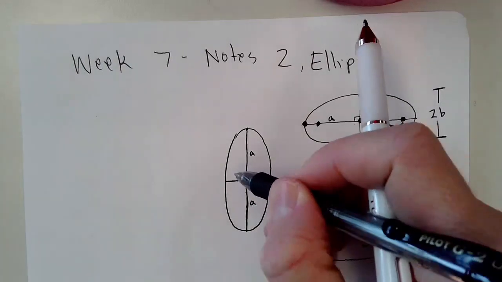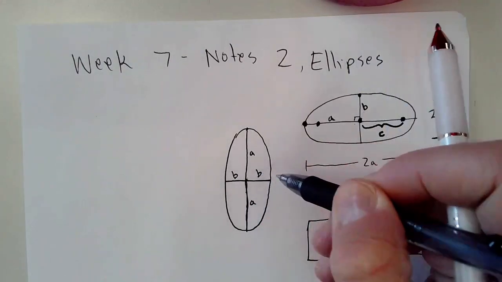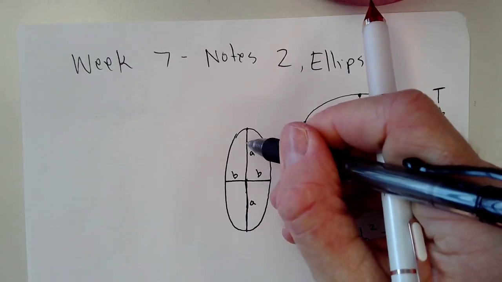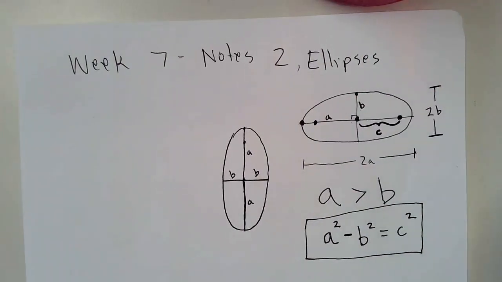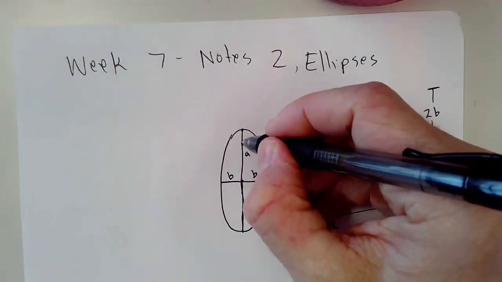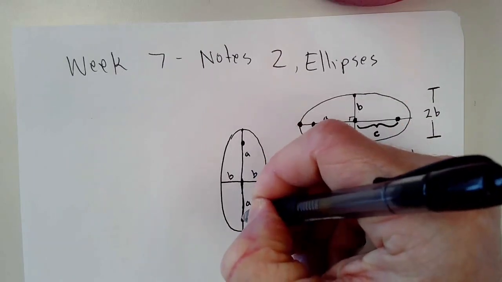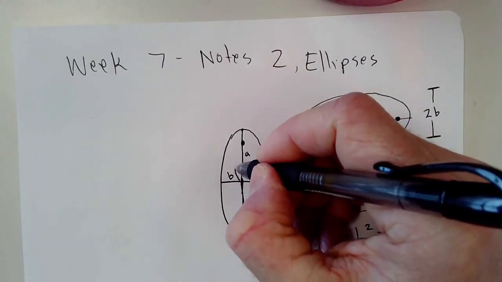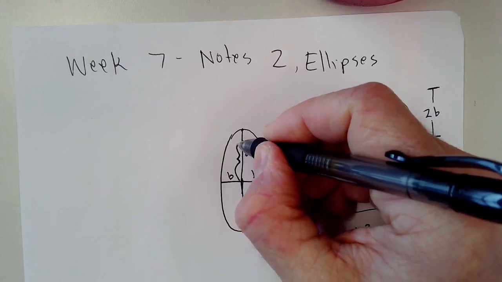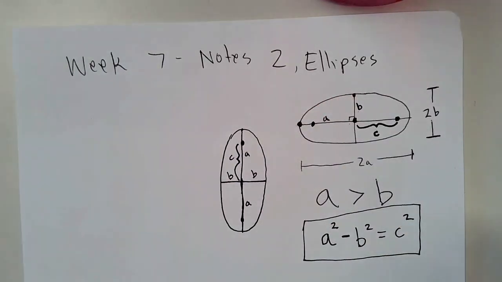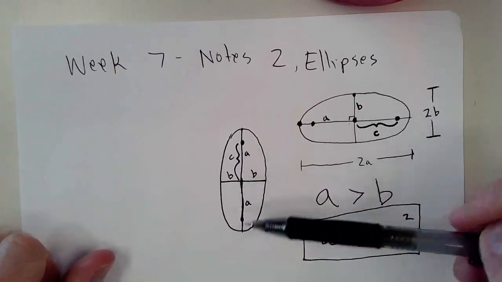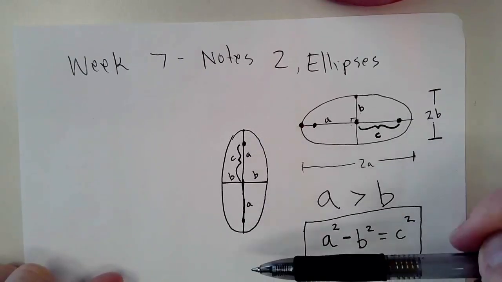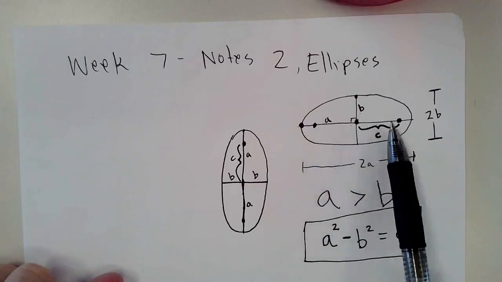This would be A as well, and then this would be B, this would be B, and then the distance from the center to the foci would be C as well. So same deal there. Right there, that would be a distance of C. And the relationship is the same. So sometimes you have an ellipse that goes like this. Sometimes you have an ellipse that goes like that.